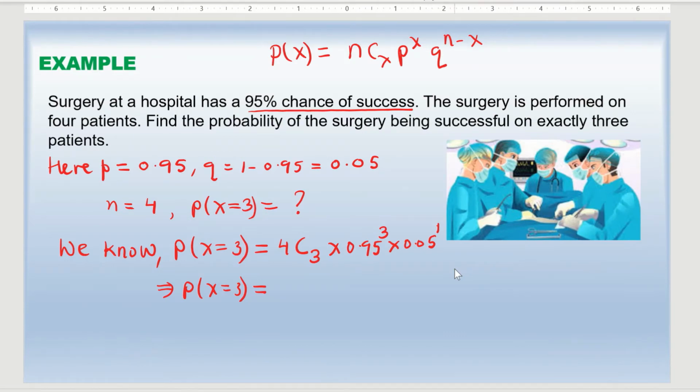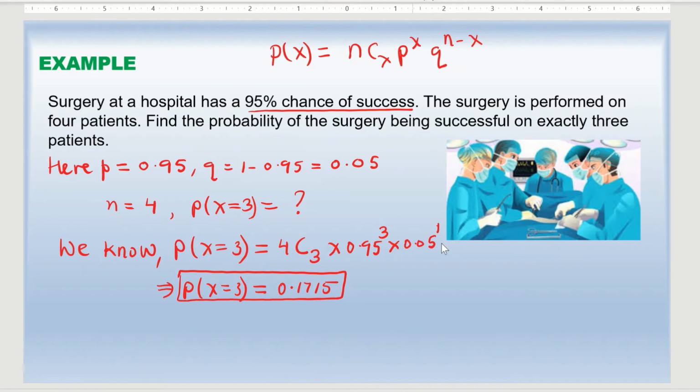So the probability of getting exactly 3 successes out of 4 is 0.1715. Okay, we did this using the formula.